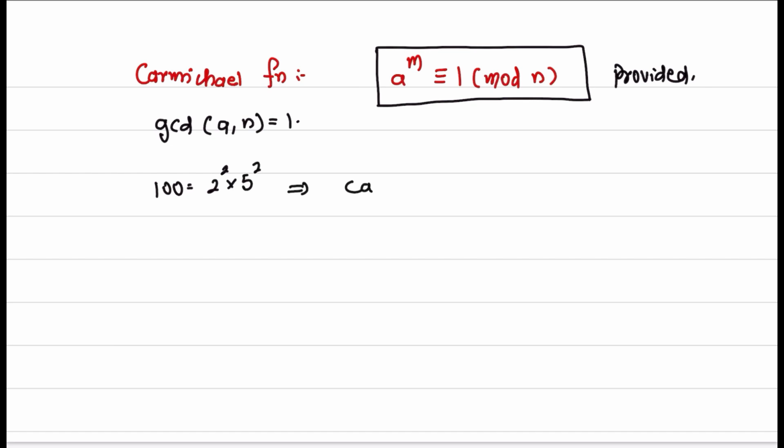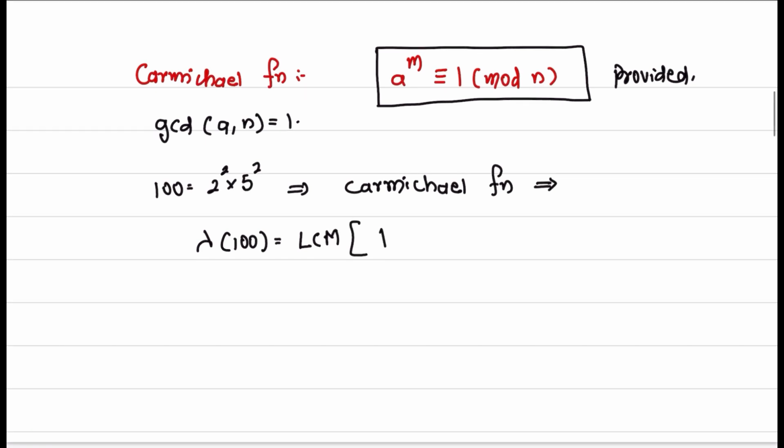The Carmichael function for this combination: lambda 100 is equal to LCM of lambda 4 and lambda 25.